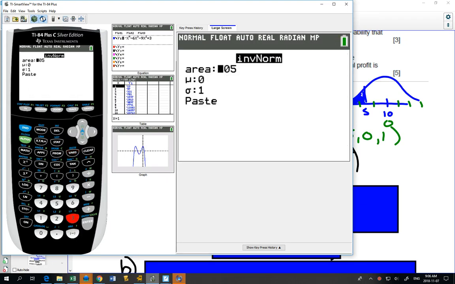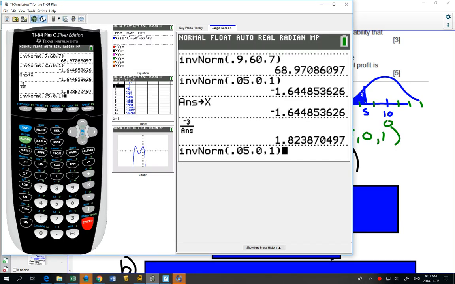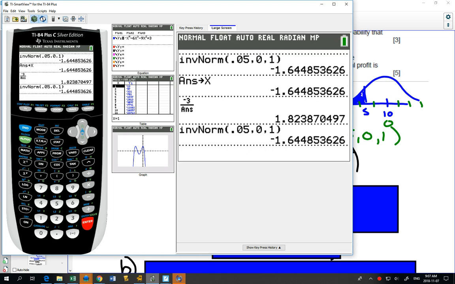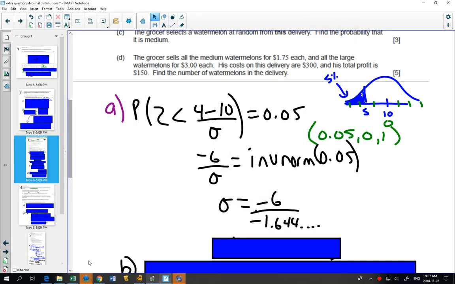It automatically puts 0 and 1 in there for you. Oh, look at this. We have all the right numbers. And so we get negative 1.644. You could take your z-score formula, 4 minus 10 over sigma, and we can now calculate that our standard deviation is 3.65 kilograms.